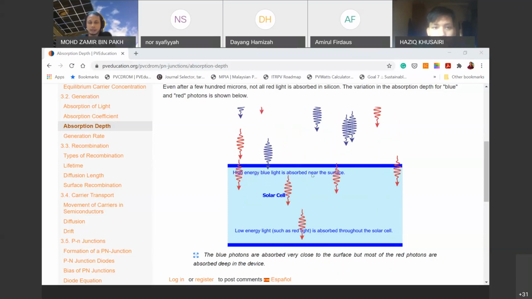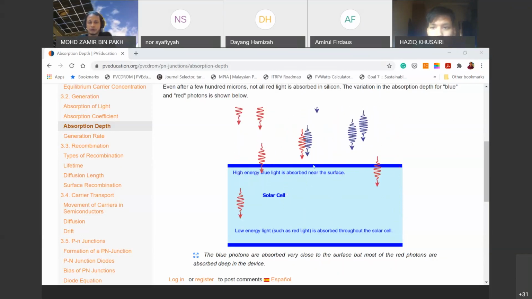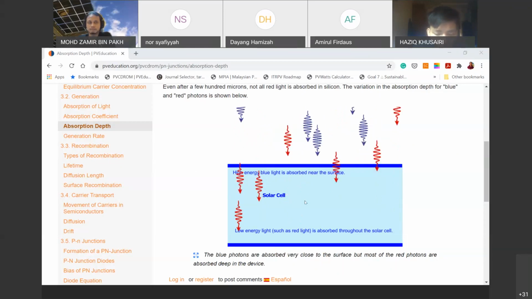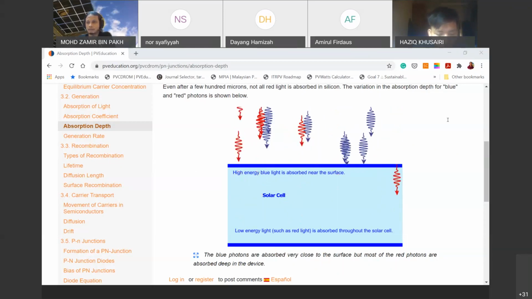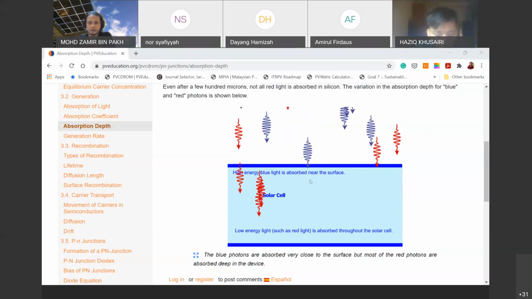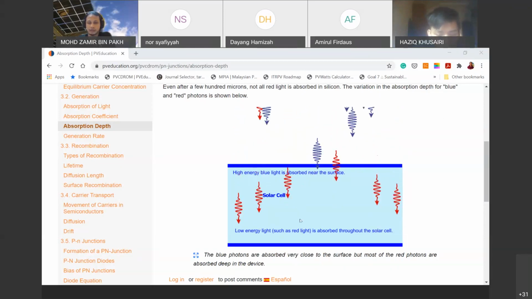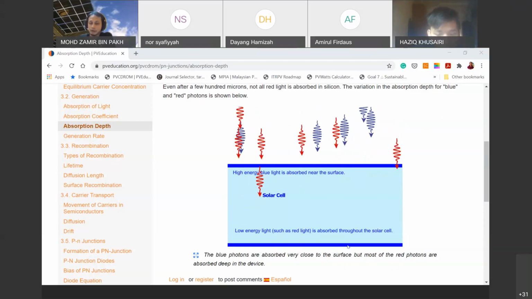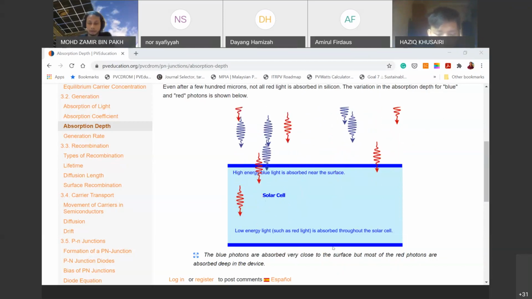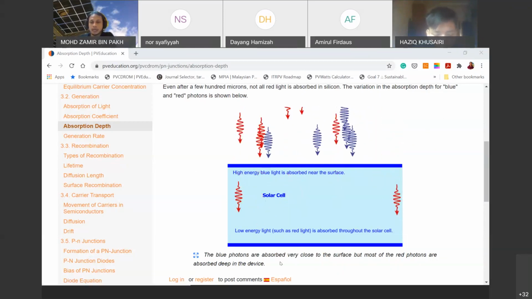On the other hand, the red photons have to travel further into the depth of your semiconductor material before they can be absorbed, right? So let's look at that. The blue photons have disappeared already upon hitting the surface, but we still have red photons even towards the end of the thickness of our semiconductor material. So this is what it means.